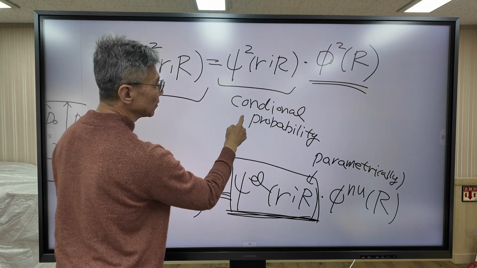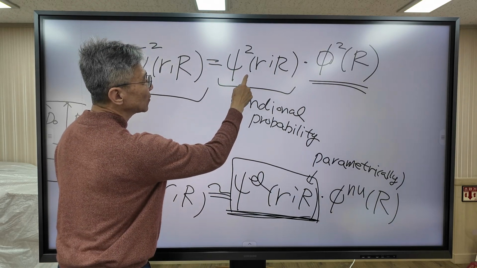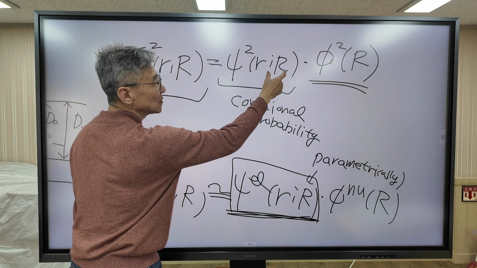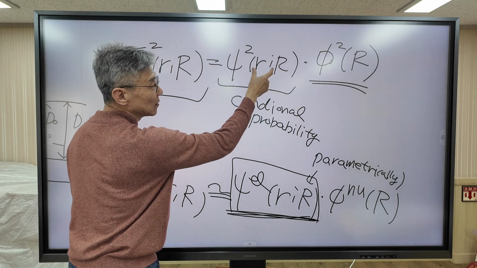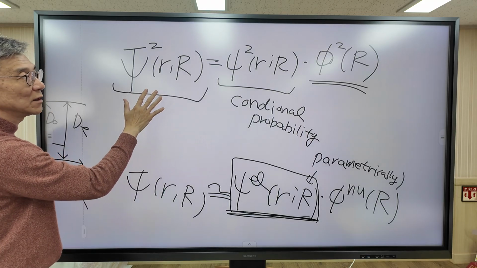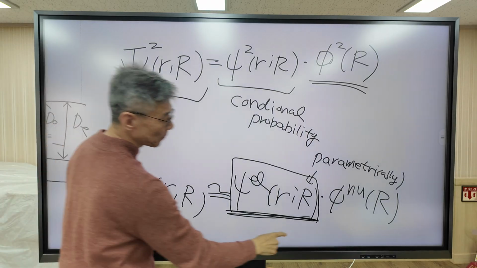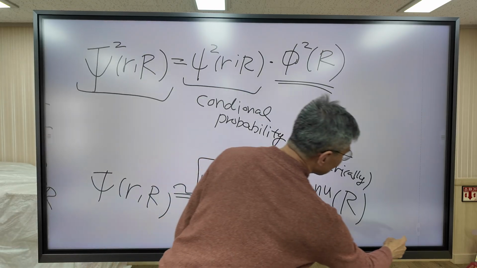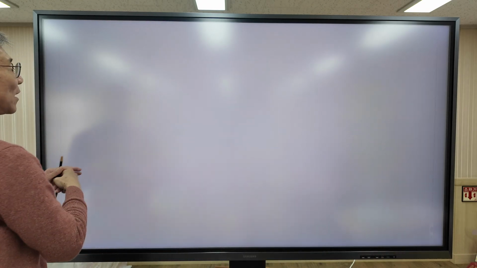This gives the probability of finding the electron at small r given the nuclei at R. This is the conditional probability. This kind of expression you may find in probability theory, in a statistics course.